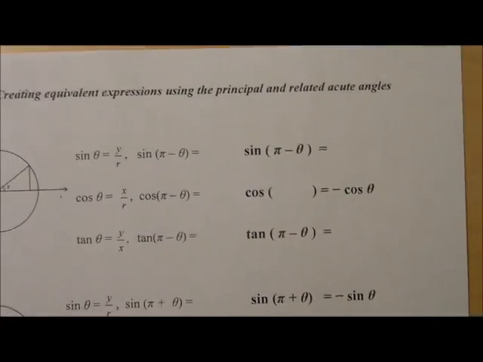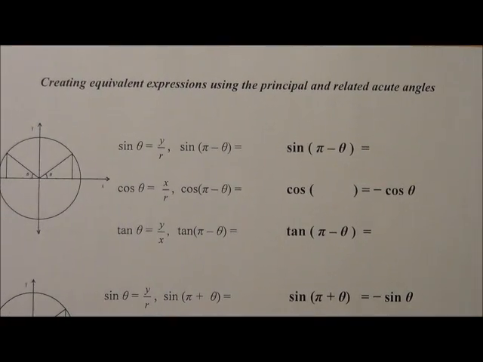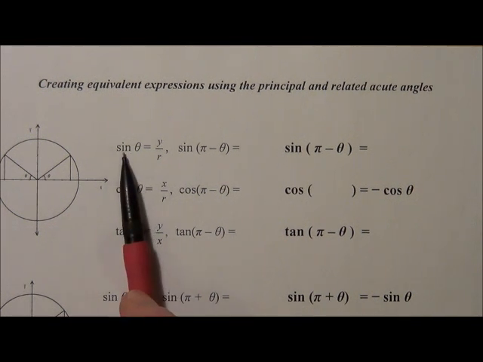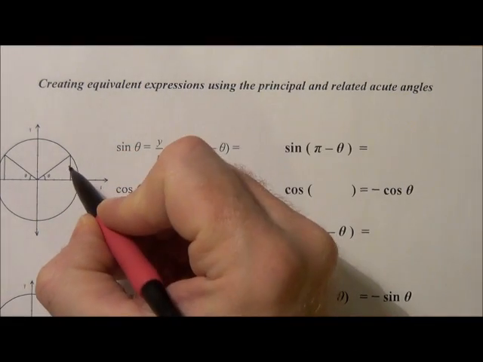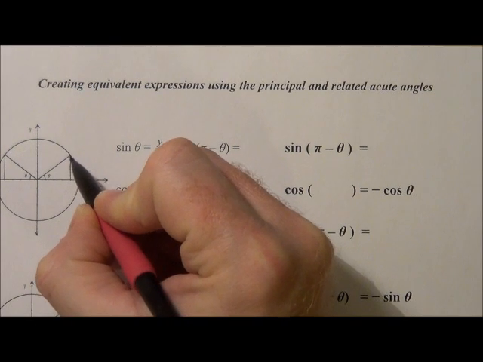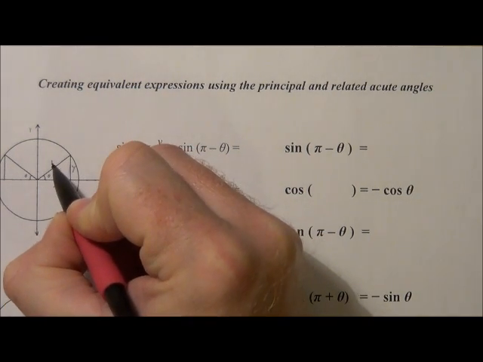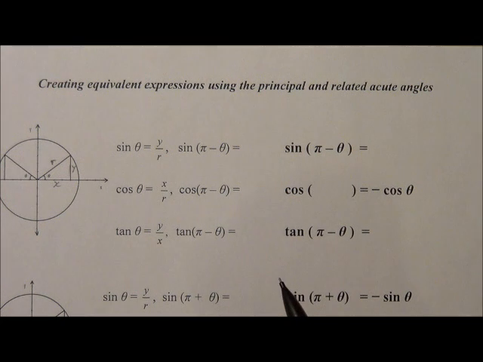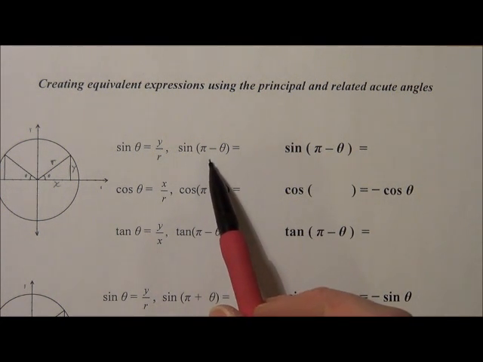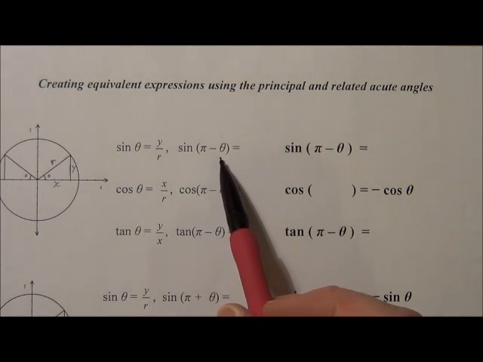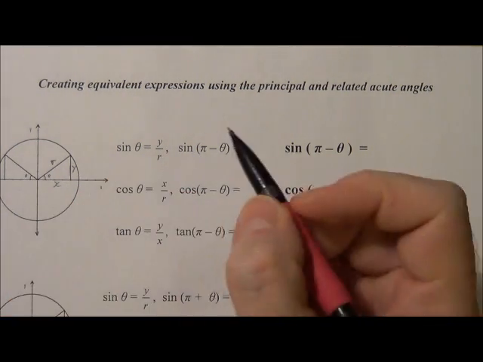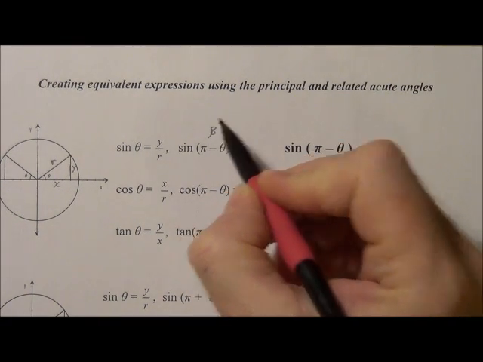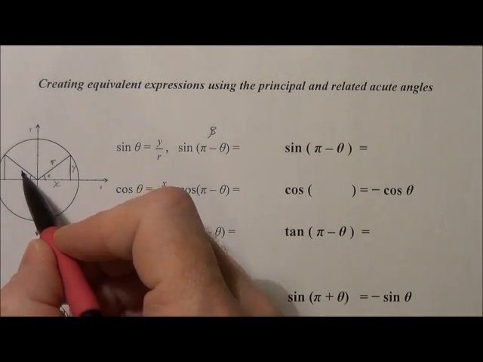And moving along to the last page here. If we look at angles, suppose we have some angle theta. We know that this is y for this triangle, this is x, and this is r. So the sine of pi minus theta, well, that would be over here, pi minus theta, and basically that's beta. This is beta right here.